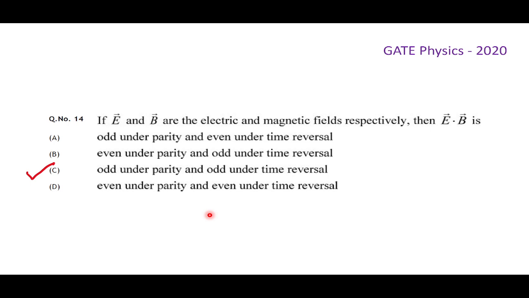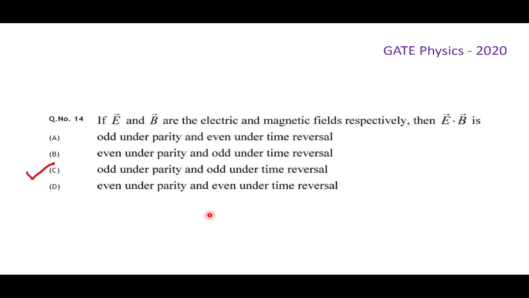So the electric field can be imagined like a simple vector. If we go forward in time and then come back, the vector won't change. Yes, it will not change. This way we can say that it is not odd under time reversal.